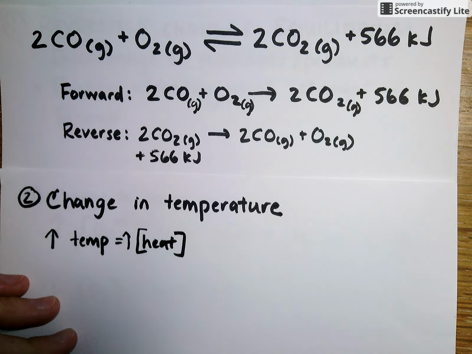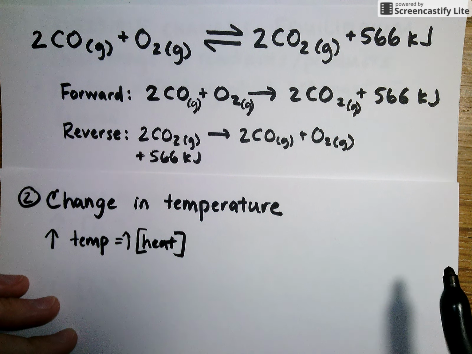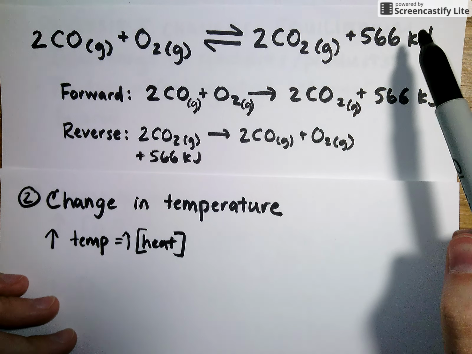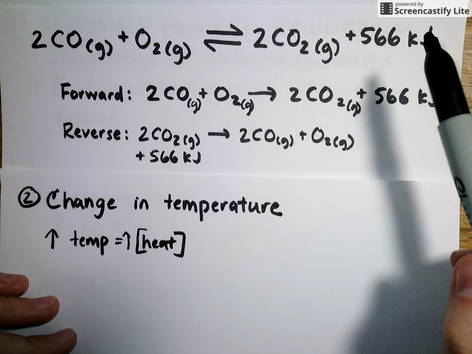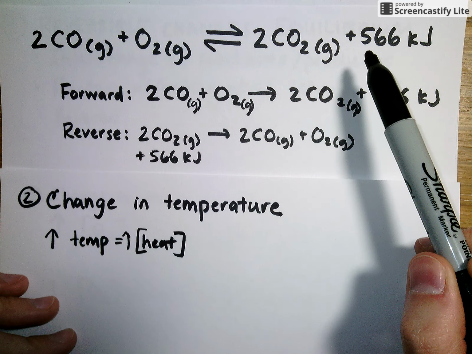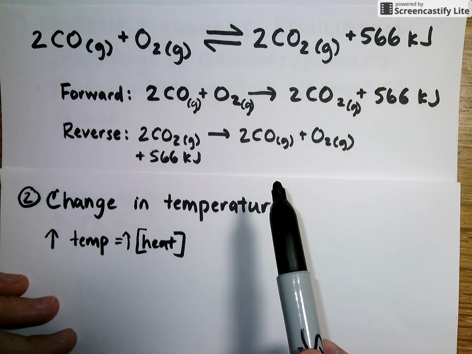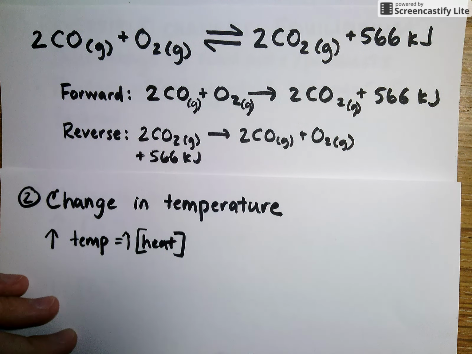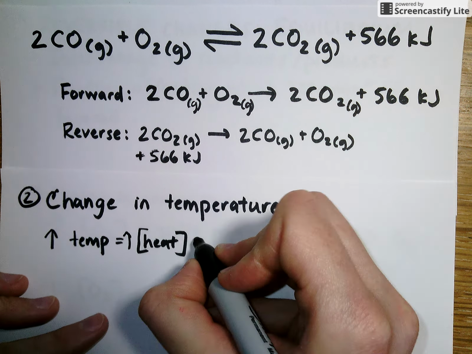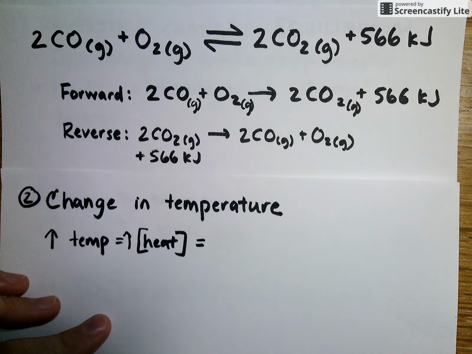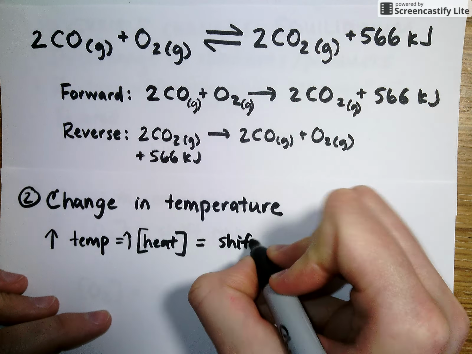So if we look at our forward and reverse reactions, what I see is that heat is over here on the product side. So if I increase the amount of heat that I have around, that's going to help this reverse reaction take place. So it's going to try and use up that extra heat to shift the equilibrium over to a different position. So here, an increase in heat is going to shift this reaction to the left.